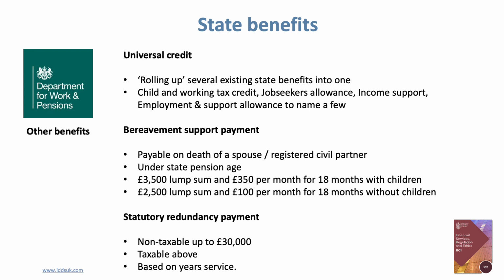But if you get made redundant, essentially DWP will not expect tax to be paid on the first £30,000 of benefits, and any benefits payable above £30,000 being taxable. Lots of people actually transfer the excess to things like pension plans to avoid said tax. Based on your years' service, obviously, this is again designed to support in part through a lack of taxation those that are unfortunate enough to lose their jobs.